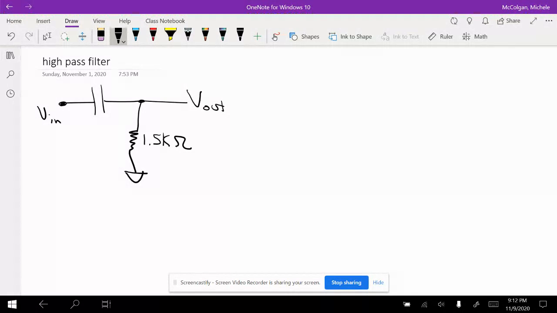Right, so this just looks like a voltage divider. And this is 0.1 microfarad.